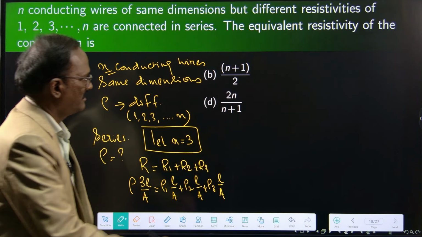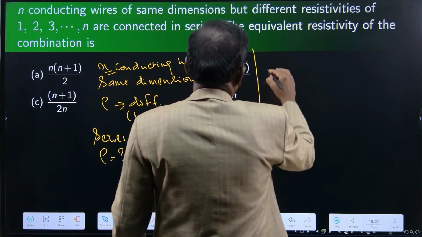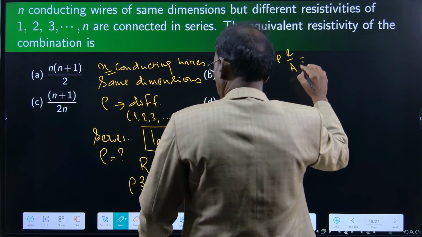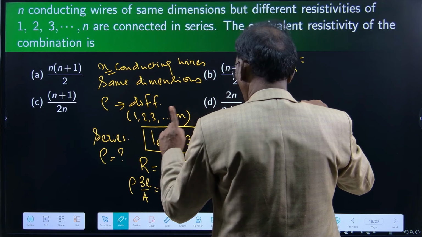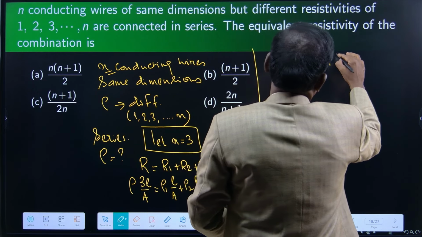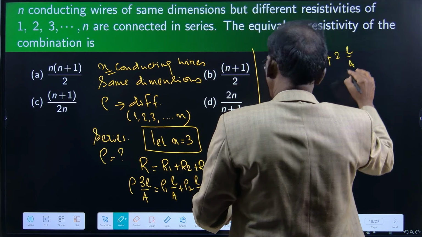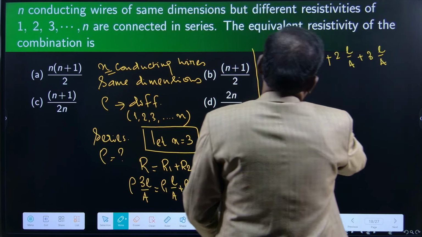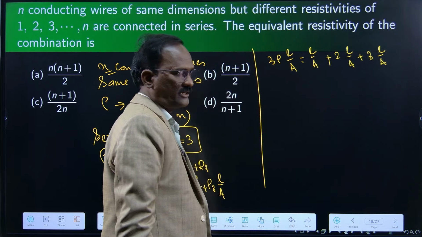The left hand side is 3 rho L by A. Rho 1 is 1, so L by A, plus 2 L by A plus 3 L by A. L by A we can remove on both sides.